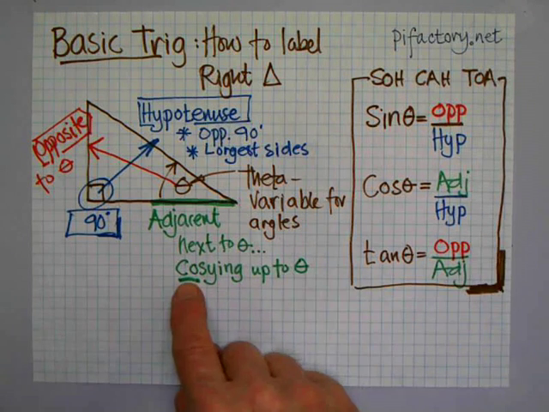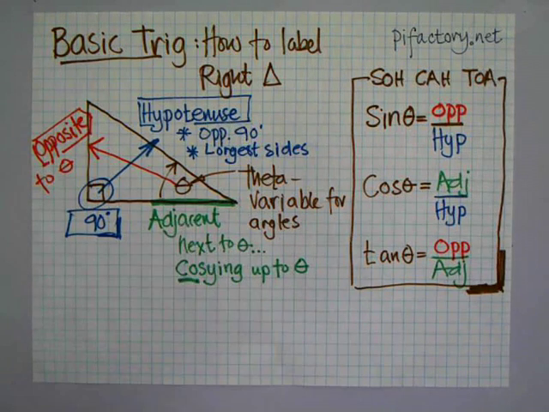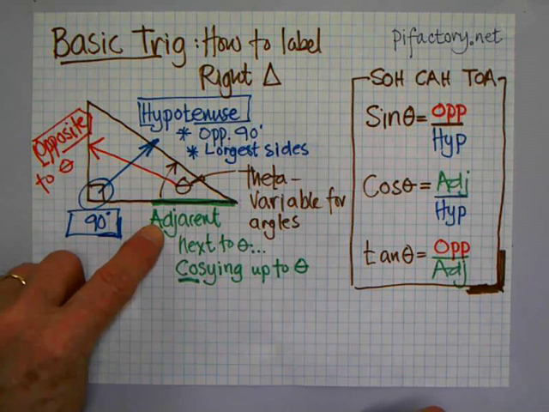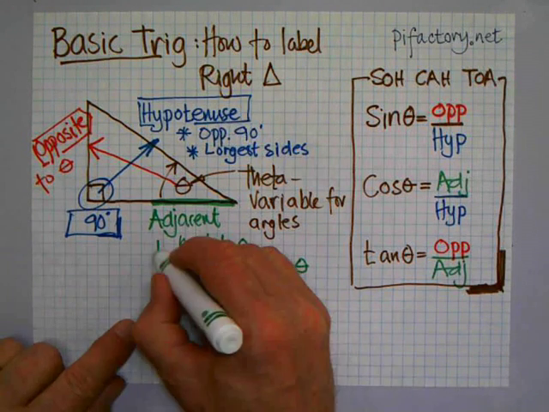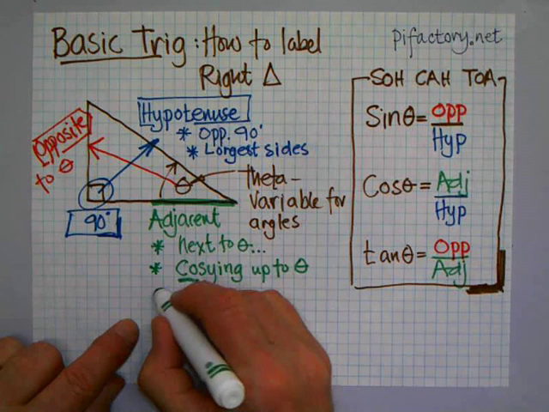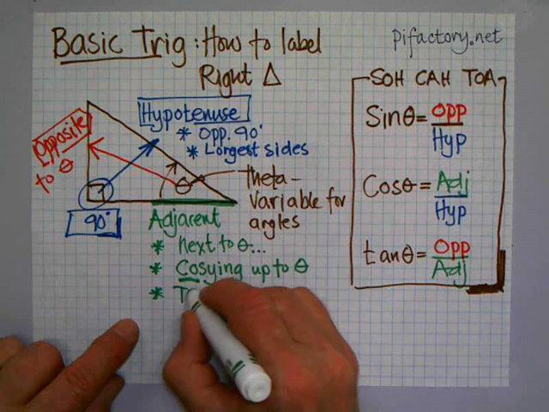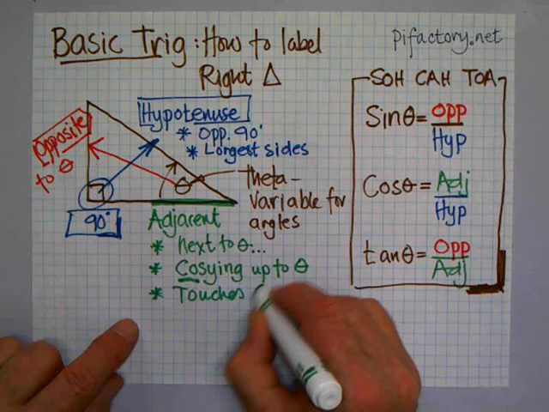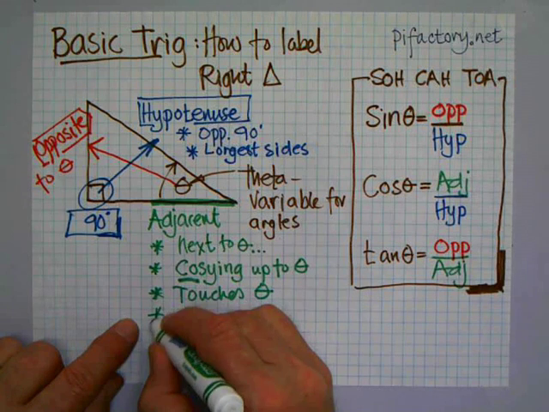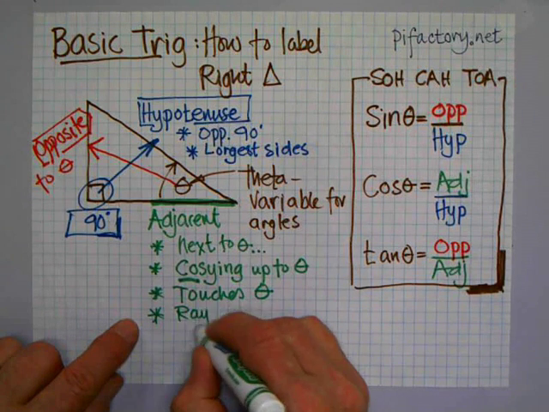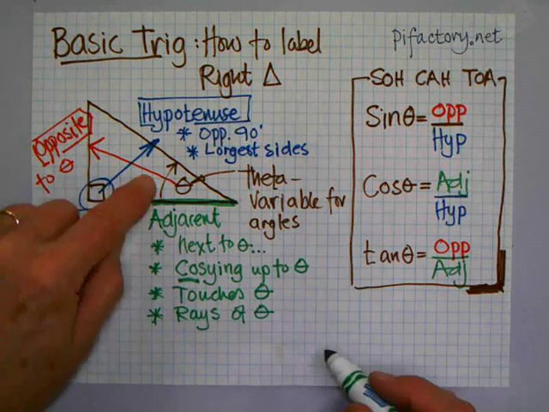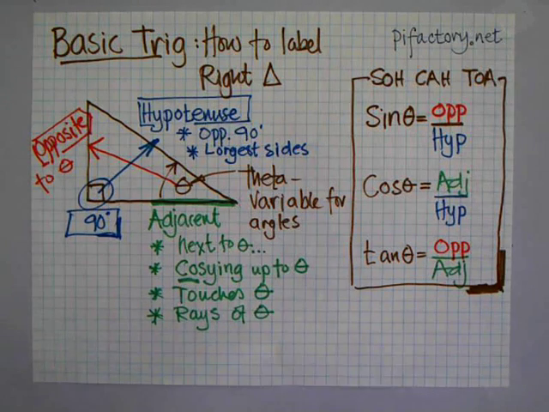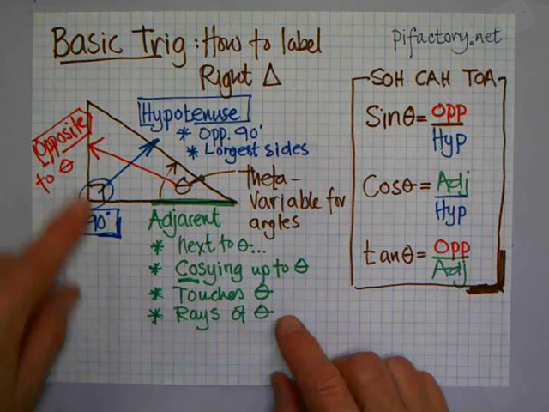Cosine is adjacent over hypotenuse. Cozying up, adjacent. So the adjacent side always touches our angle. It touches theta. It is one of the rays of the angle.